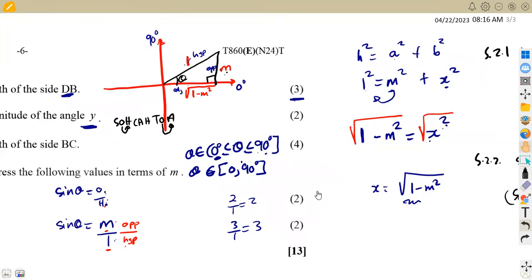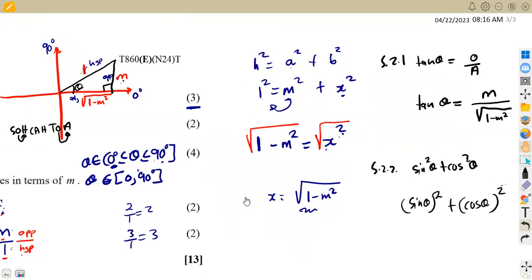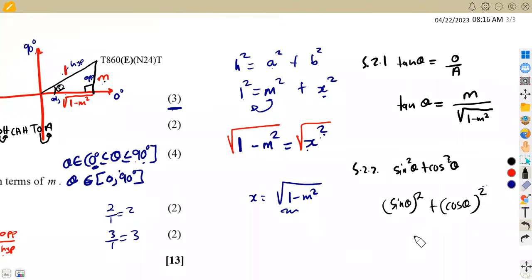So we can substitute our value for sine of theta, which is m. So this is going to be m squared plus the cos of theta. We do not have this value, so we're going to calculate it from the ratio: cos of theta is adjacent over hypotenuse.